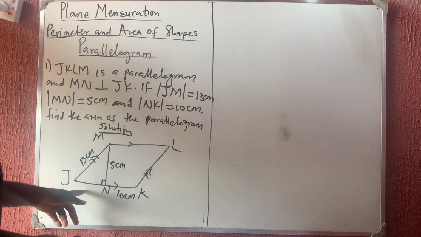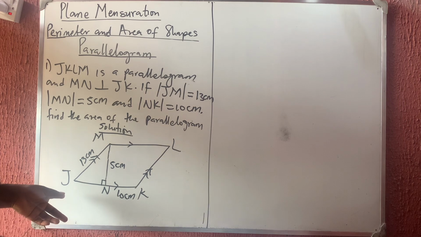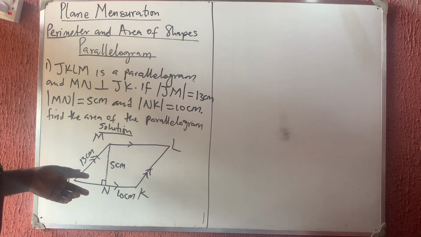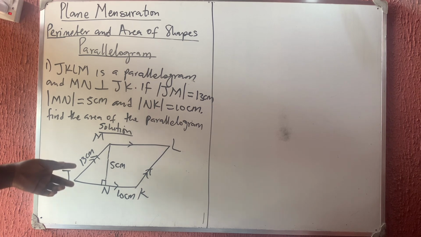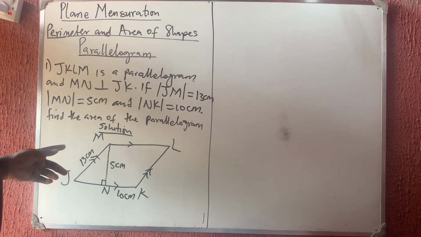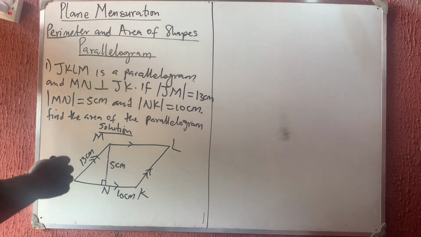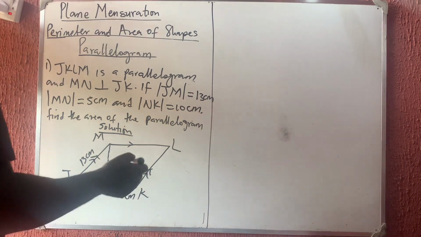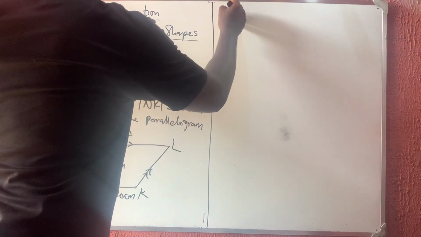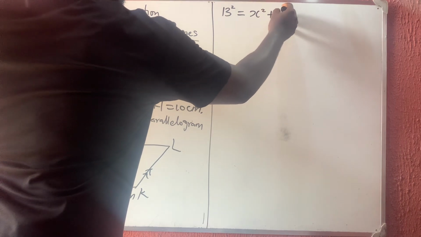Now we can find this side using Pythagoras theorem. In fact, this is even a Pythagoras triple: 5, 12, 13 is a Pythagoras triple. But if you don't know the Pythagoras triple, let's call this side x and use the Pythagoras theorem. Hypotenuse squared is equal to x squared plus 5 squared.